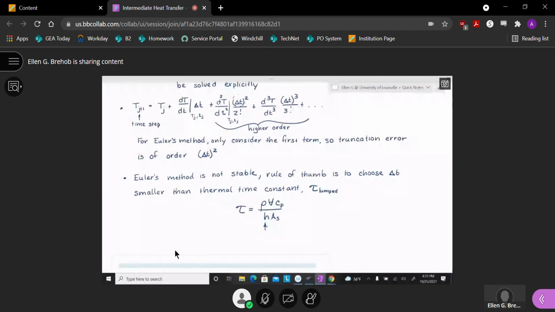Okay, so we could pick the larger heat transfer coefficient to plug into here, and that would give us the smallest lumped thermal time constant, and that might give us a better choice for a delta T. So I plugged in for this problem that we worked.